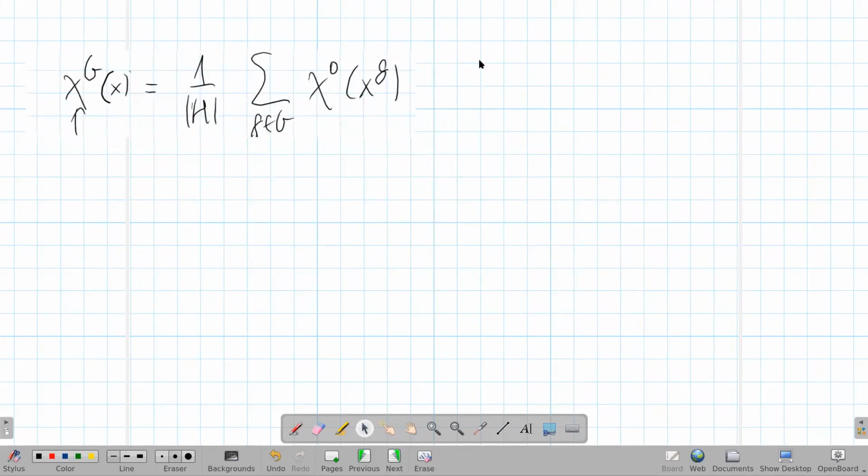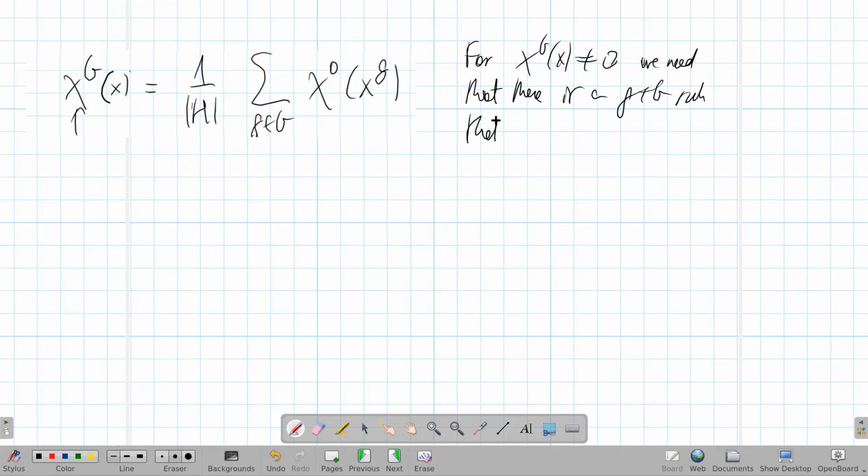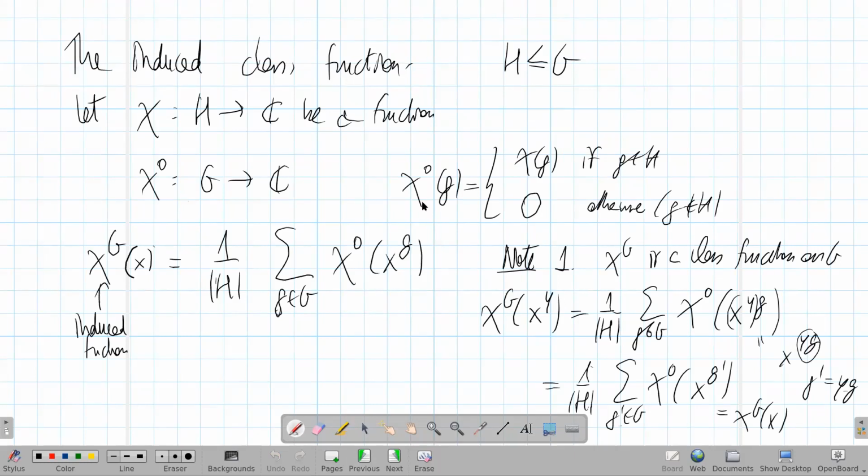For this to be non-zero, for chi G of x to be different from 0, we need that one of these summands is different from 0, and so we need there is a g in G such that xg is in H. Okay, because chi naught is defined as chi of g if g is in H, but otherwise it's 0.